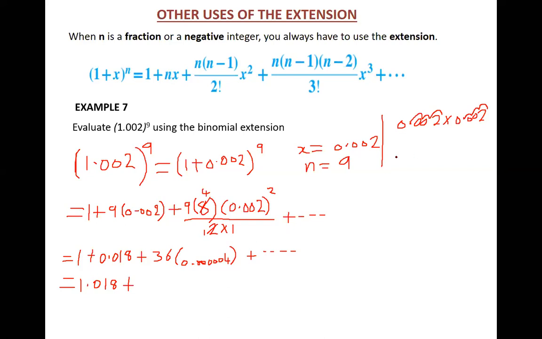Again, you go back here. So you're just going to say 36 multiplied by 4. You do that. 4 times 6, you get your 24. So you write 4 there.